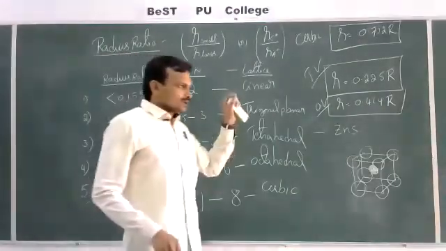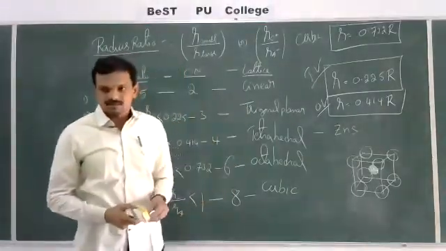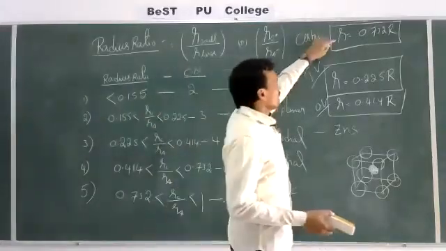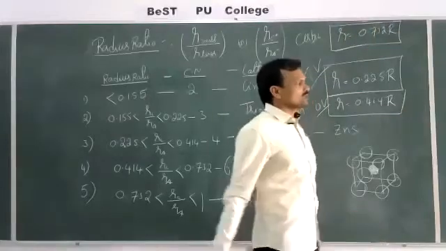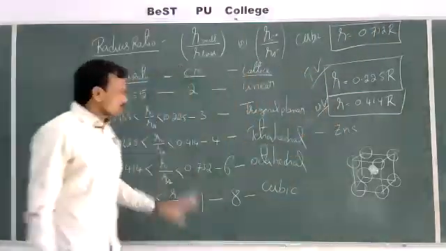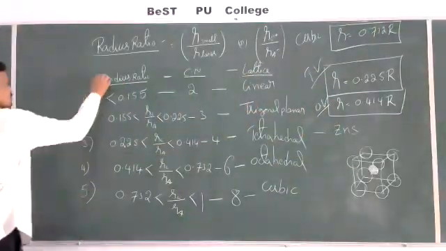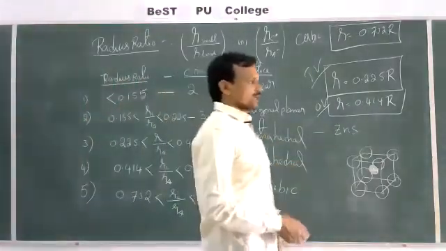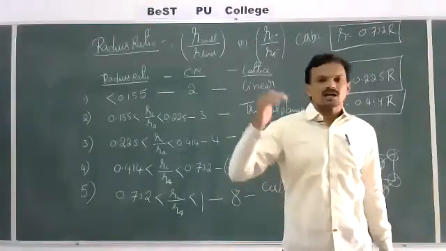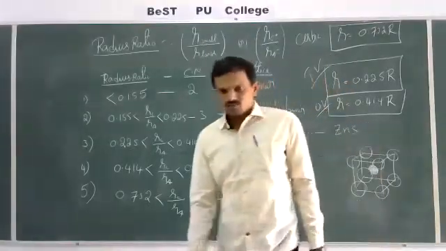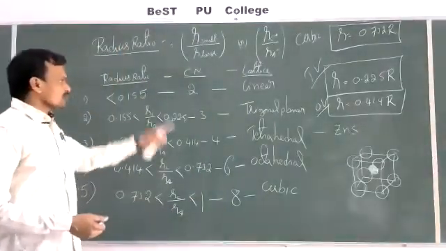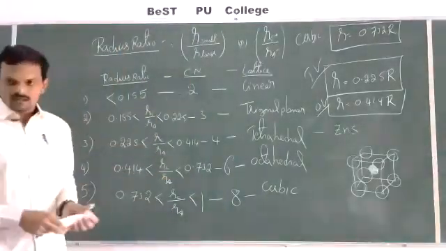So if a crystal forms a BCC lattice, then the cubic void will be occupied by a particle having radius 0.732 of the large particles. So this is regarding the radius ratio, the radius of the small particle to the large particle, or the radius of cation to the radius of anion. Depending on this radius ratio, we can predict the coordination number and the type of the lattice.